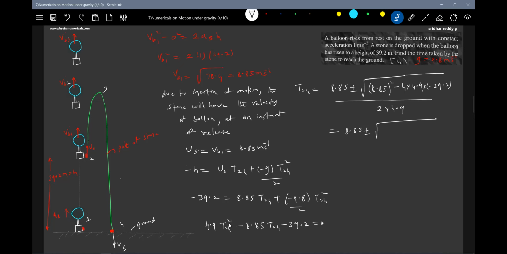I'll try my level best; even the calculator will take some time. We have to do 8.85 squared, which is 78.3225.